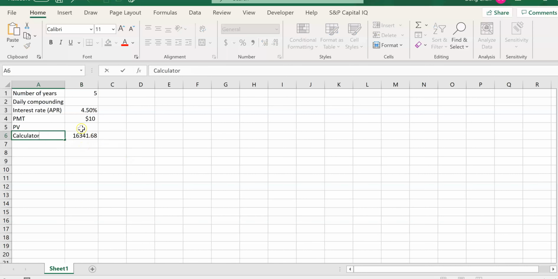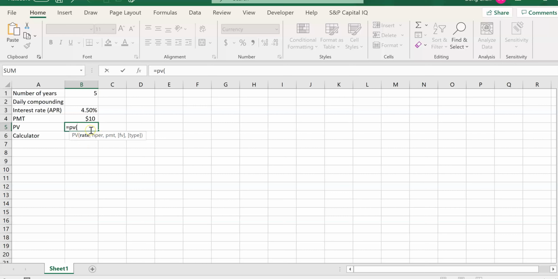And now I will use Excel to directly calculate this present value, and the function in Excel is equals PV. If I open this equals PV, you can see that the first argument is rate. This is the periodic interest rate.